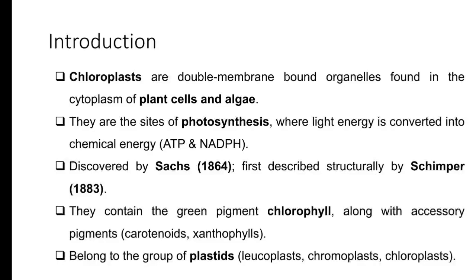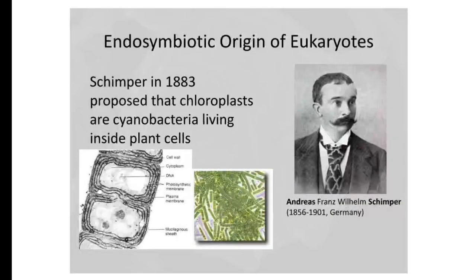All the colored cells in the plant system contain chromoplast. Leucoplast contains a high amount of fatty acid, and can be found in the seed coat. And the green parts of the plants, leaves and stem, appear green in color. So these green cells contain chloroplast.